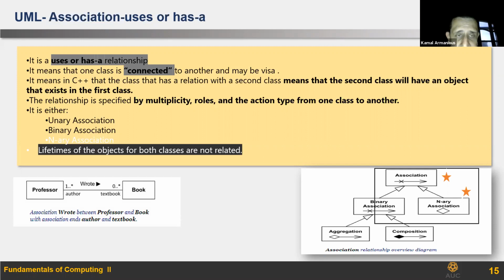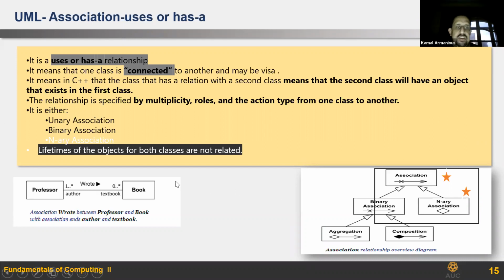This is in the implementation of the association, so I will let you know next lecture, inshallah. Here in this lecture you will understand UML, and next lecture you will understand how to implement this in C++.